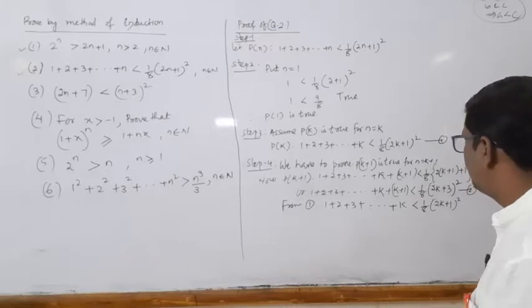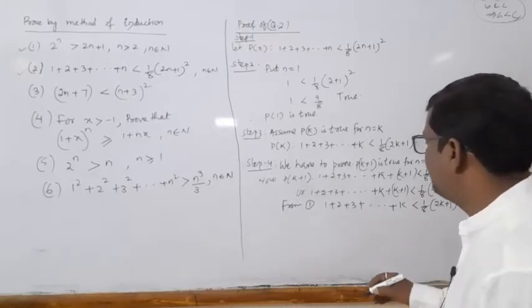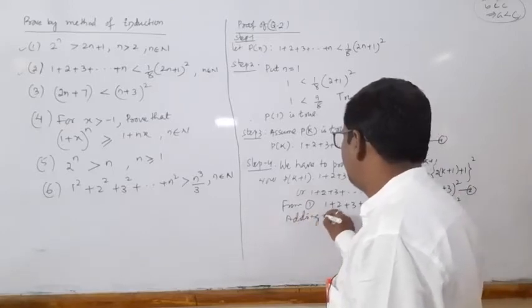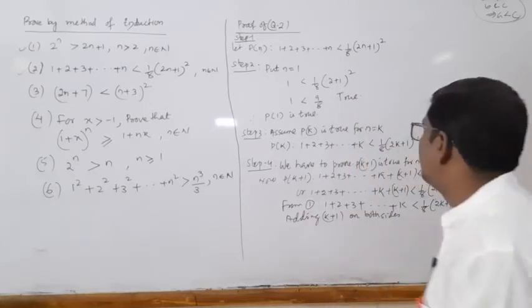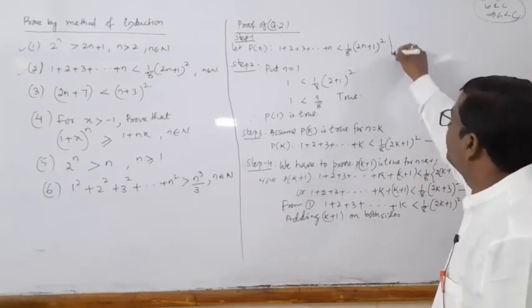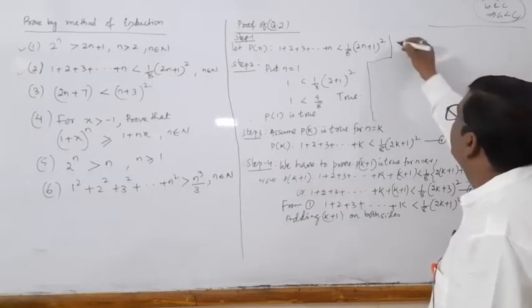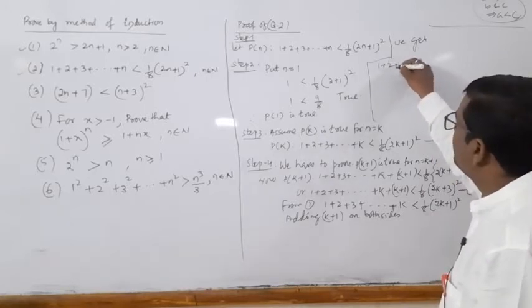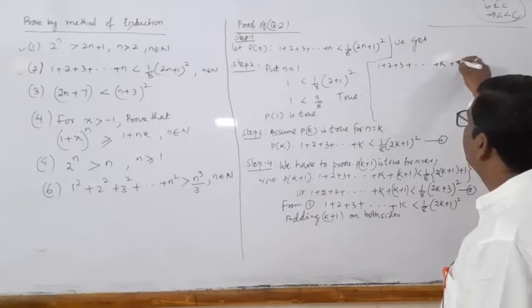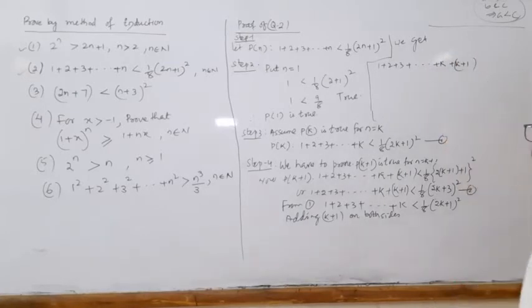Now add k plus 1 on both sides, we get 1 plus 2 plus 3 plus dot dot up to k plus 1 is less than or equal to 1 by 8 (2k plus 1) whole square plus k plus 1.